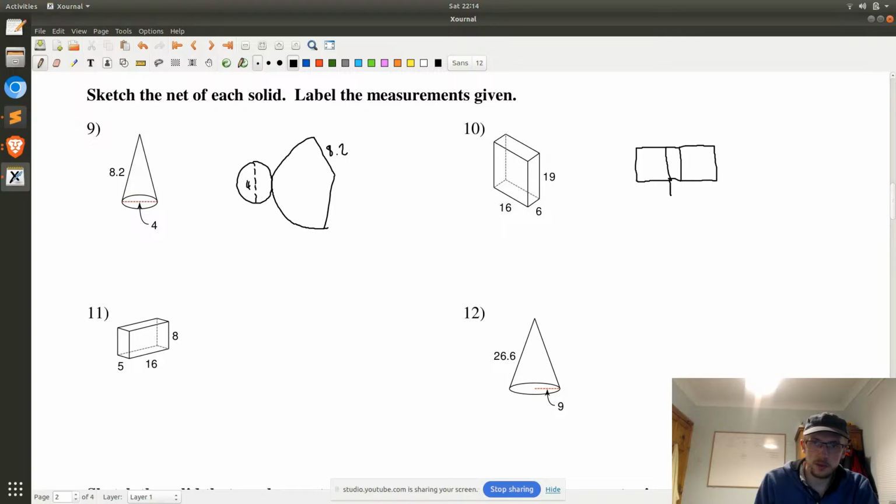I'm just going to draw the most obvious one, which is the cross shape.